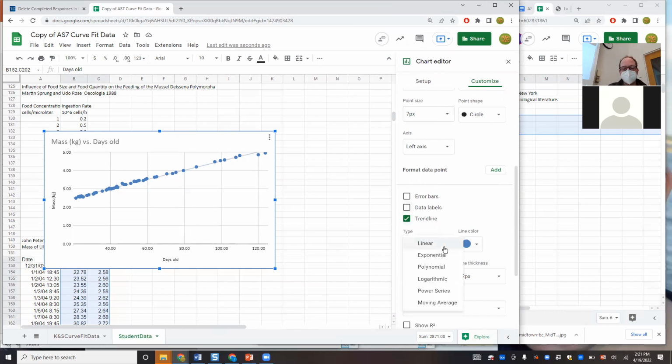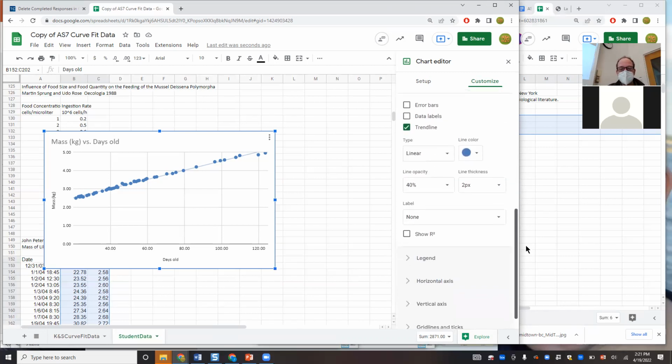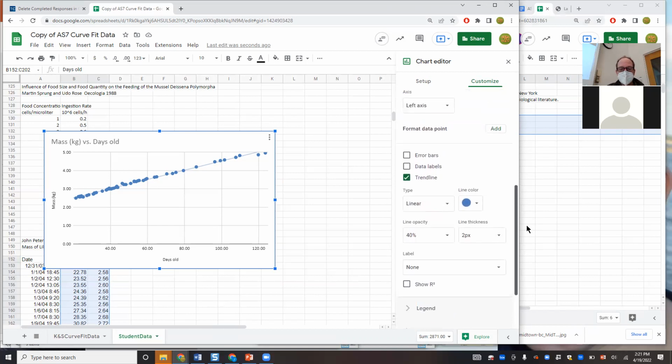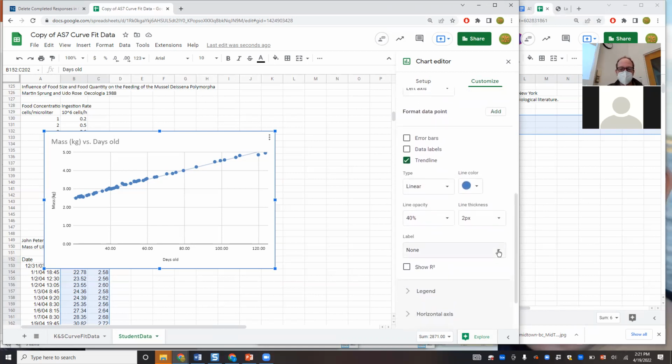It can actually fit other equations. We talked about a polynomial equation. So we could select polynomial, but we've just said we think it looks linear. We'd already had a discussion that a line makes some sense there. And it also has the capacity to add a label, and for some reason this is where it would put the equation.